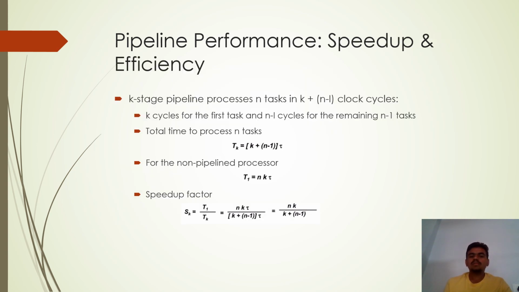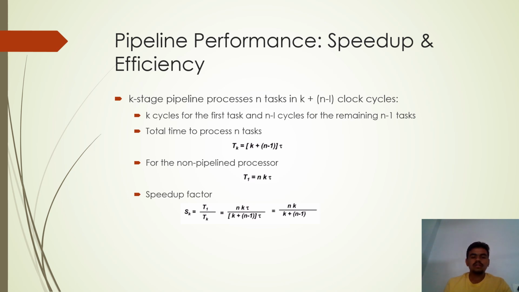Pipeline performance, speedup and efficiency. A k-stage pipeline processes n tasks in k plus n minus 1 clock cycles: k cycles for the first task and n minus 1 cycles for the remaining n minus 1 tasks. Total time to process n tasks: its formula is Tk equals [k plus (n minus 1)] times lambda.